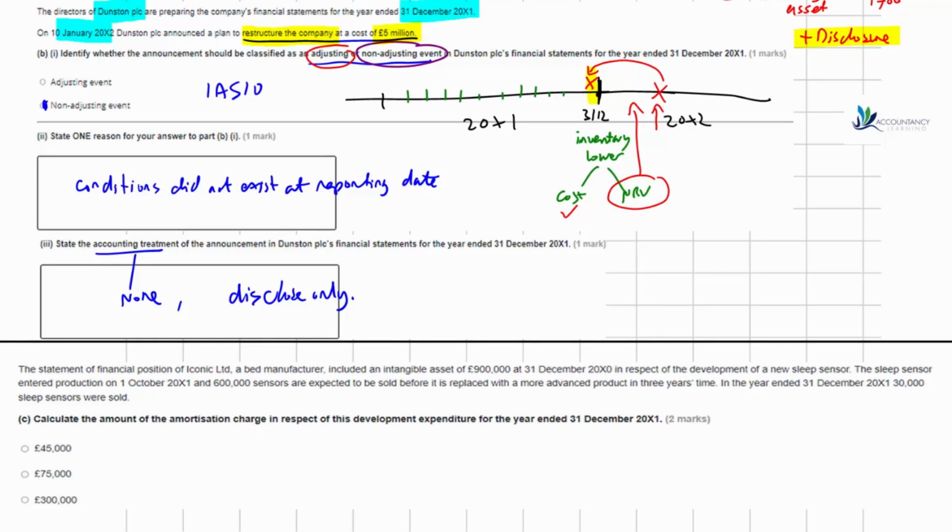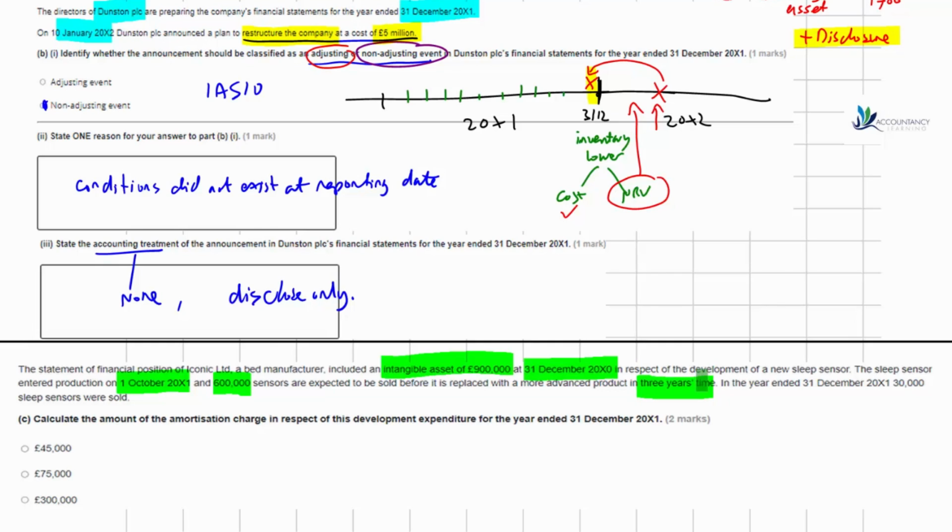For the next part, the question says the statement of financial position of Iconic Limited, a bed manufacturer, included an intangible asset of £900,000 at the 31st of December 20X0 in respect of the development of a new sleep sensor. The sleep sensor entered production on the 1st of October 20X1, and 600,000 sensors are expected to be sold before it is replaced with a more advanced product in 3 years' time.